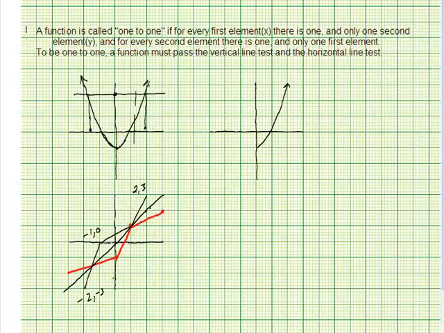When x is negative 2, y is negative 2. When x is 1, y is 1. When x is 3, y is 3. Y and x are always equal along that line, so that is the line y equals x. So you can see that if you use y equals x as a mirror, this is a perfect mirror image of the original function to get the inverse.